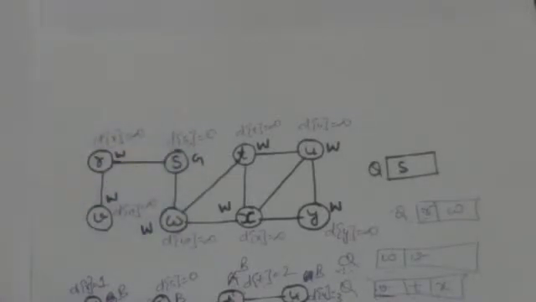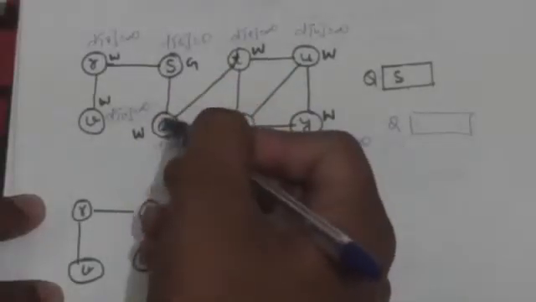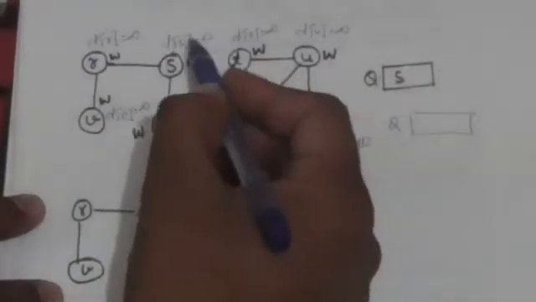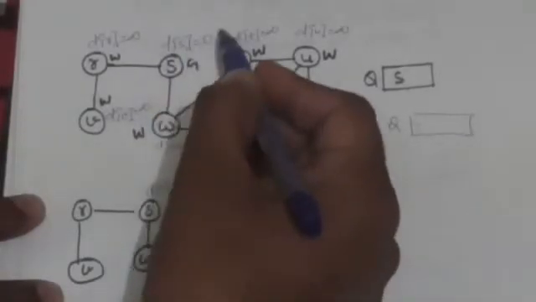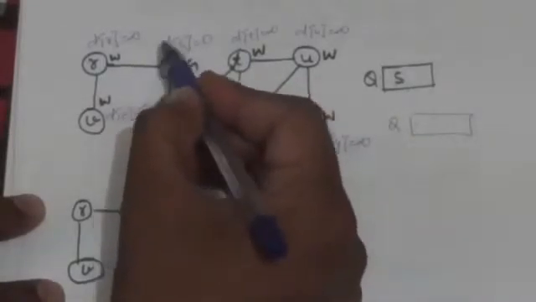So now the distance of vertices W and R from source vertex S will be set to the distance of vertex S from source vertex plus 1. The distance of a source vertex S from source vertex S is 0.